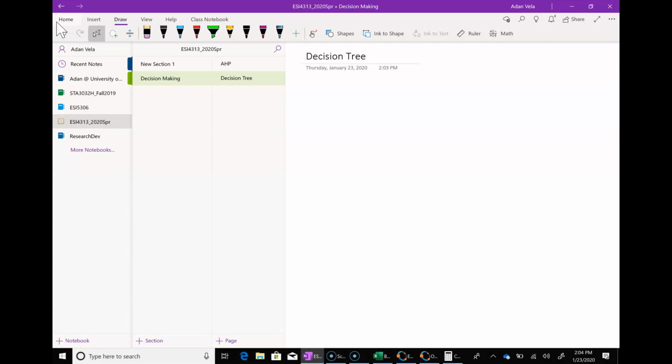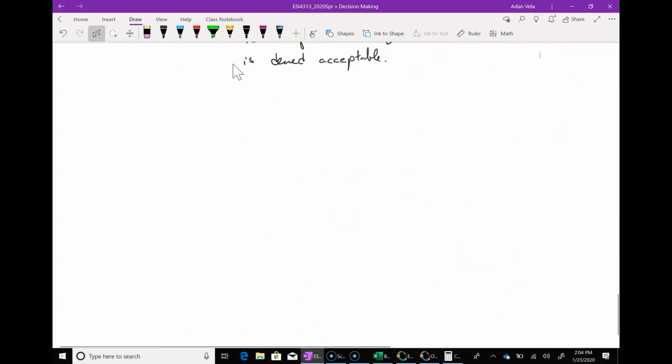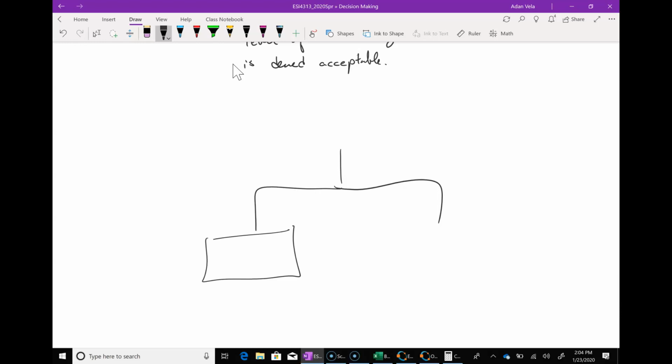One of the things that AHP doesn't necessarily take into consideration, though, is randomness, okay? So it's making decisions assuming that the weights are correct or true. So what do I mean by that? So in the previous problem, we were talking about, I think, Martin and Jane, all right?